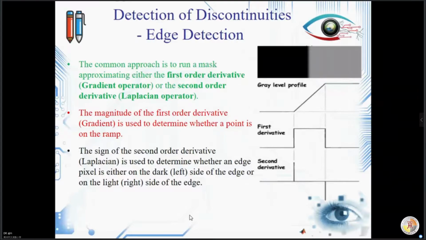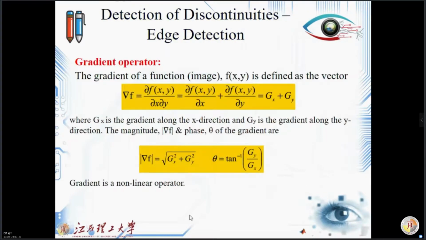This figure is very nice because it shows the core ideas of edge detection in the gray level image. Now we want to see the gradient operator, or first order derivative, from the mathematical formula.